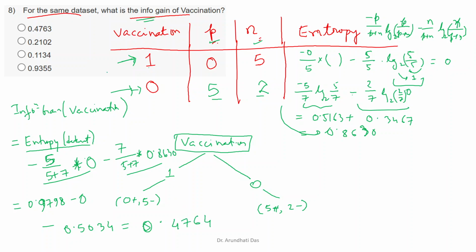This is what I got, and this value is closest to option A, 0.4763. My value is 0.4764. So that is the answer for this question.